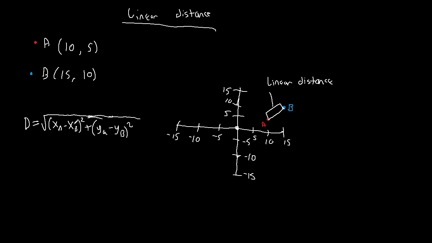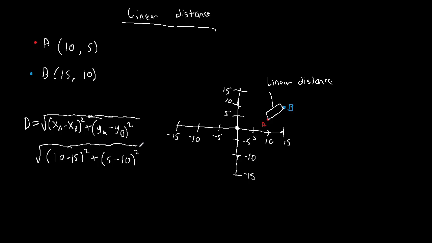So XA minus XB is going to be 10 minus 15, quantity squared, plus YA is 5 minus YB is 10, quantity squared.